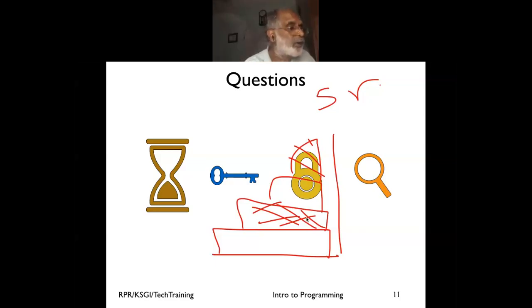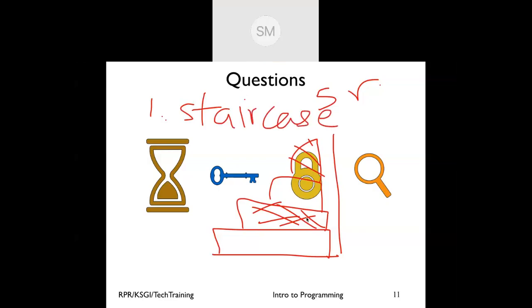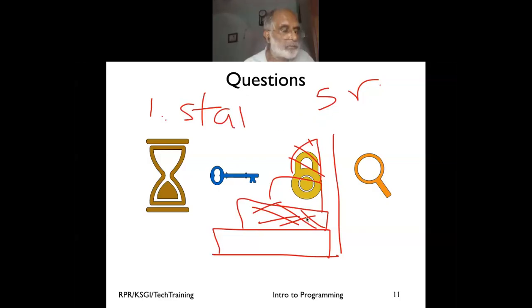So exercise 1, staircase, and so let me just clean this out.